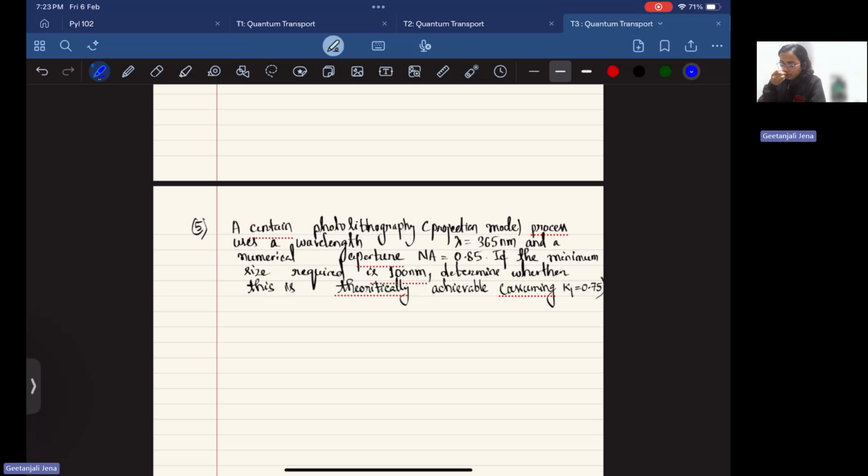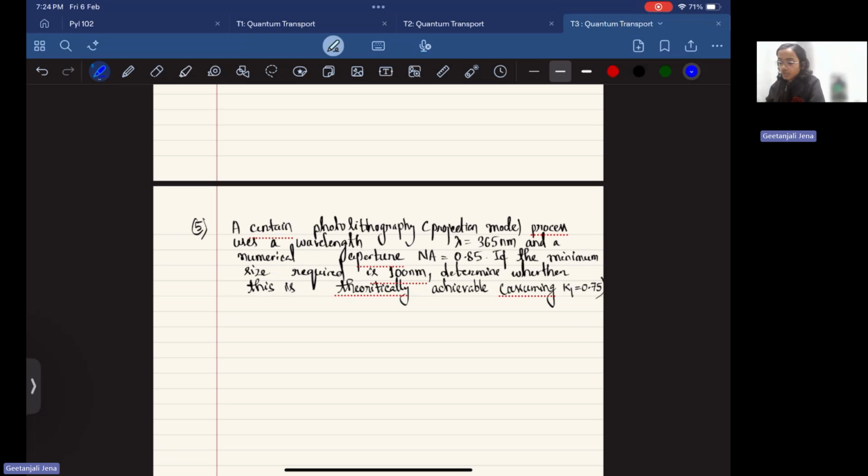Question number 5. It says a certain photolithography, which is a projection mode photolithography process, uses a wavelength of 365 nanometer and a numerical aperture of 0.85. If the minimum size required is 100 nanometer, determine whether this is theoretically achievable using this excitation condition.